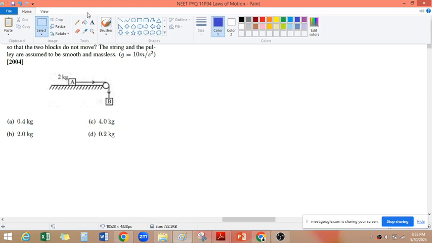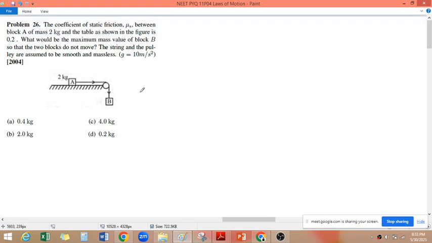Very easy problem. I can do it very quickly. Coefficient of static friction between the mass 2 kg and the table is given as 0.2. So that means mu is equal to 0.2. What would be the maximum mass value of block B? So they are asking to find the mass of block B so that the two blocks do not move.